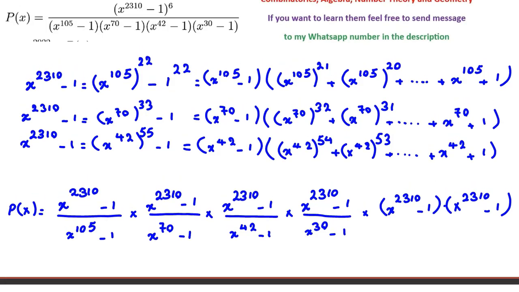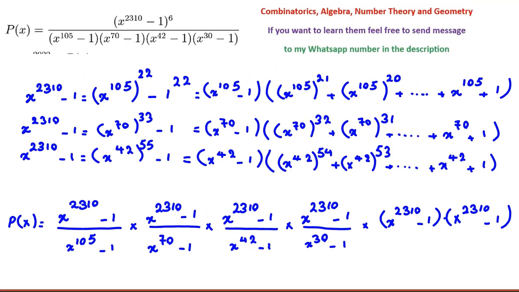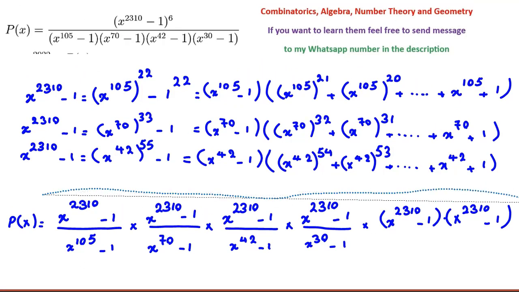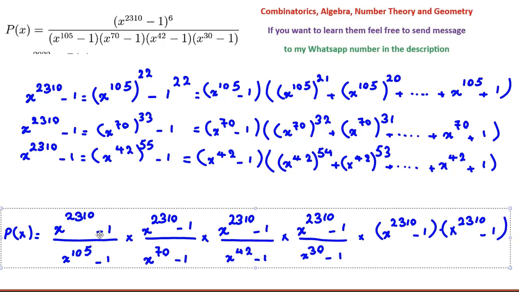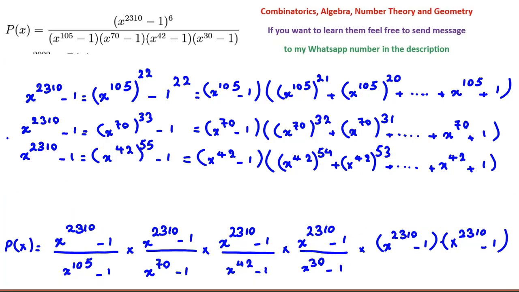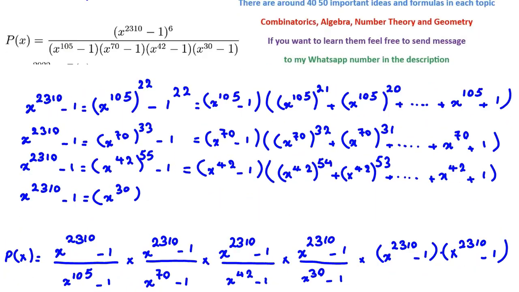And the last one, if we want to consider, the last one is over x to the 30 minus 1. x to the 2310 minus 1 equals x to the 30 to the power of what?